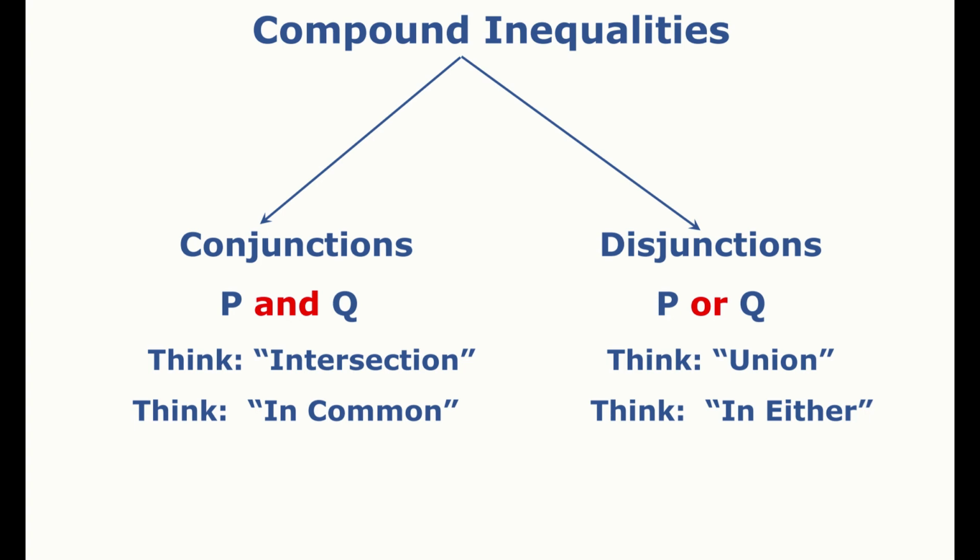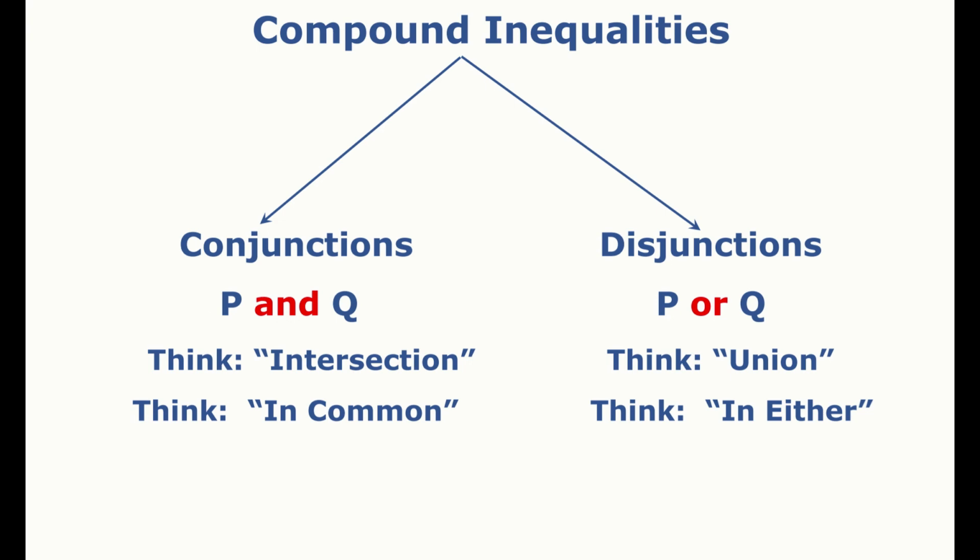And we're going to solve them by solving each of those inequalities, and then if we're dealing with a conjunction, we're going to take the intersection of the two solution sets as the solution set for the conjunction, and in the case of disjunctions, we're going to take the union of the solution sets for the solution of the disjunction.